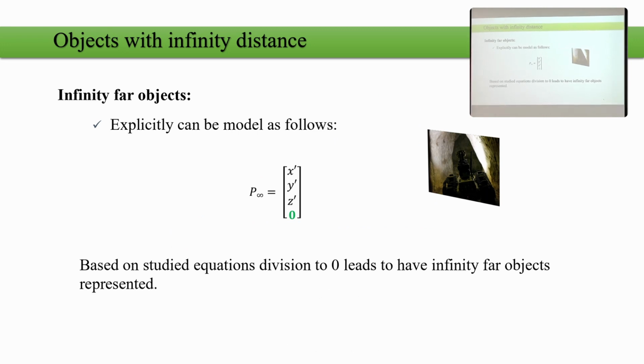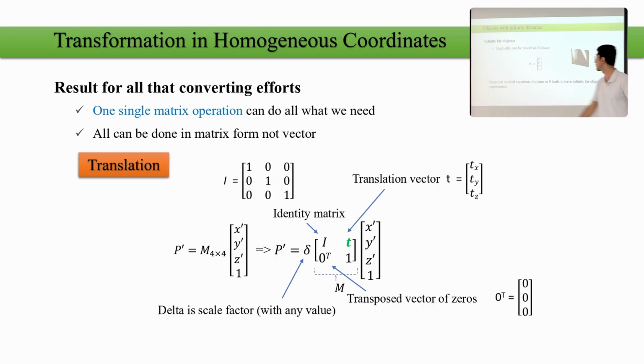For infinitely far objects, as I explained to you, we can put 0 over there, x prime, y prime, theta prime. As a point at infinity, we can put it as 0, and that should be clear.